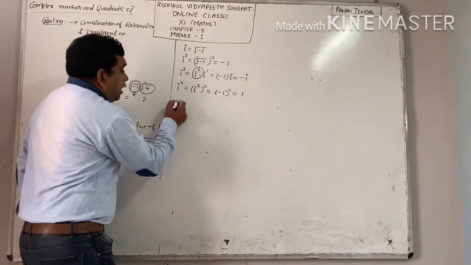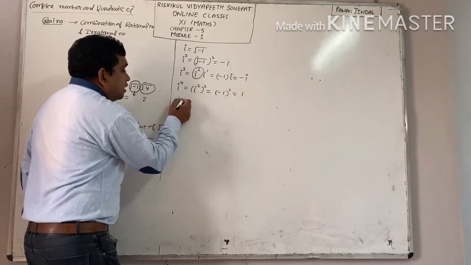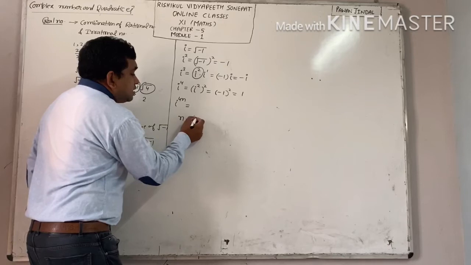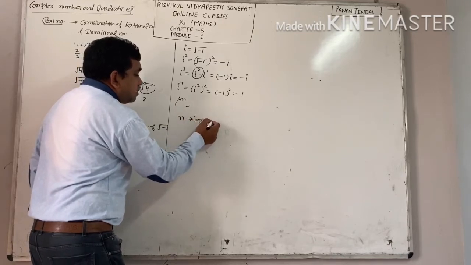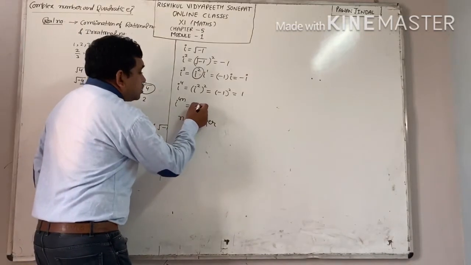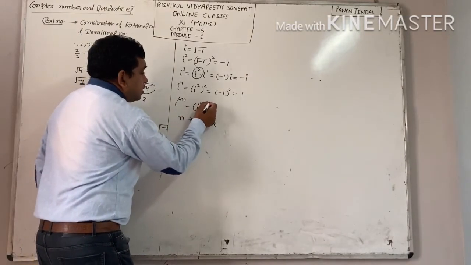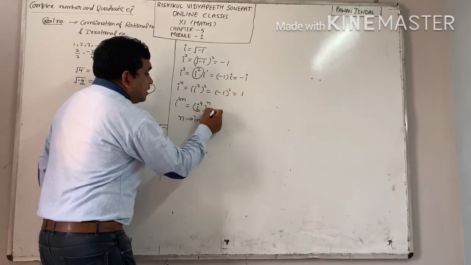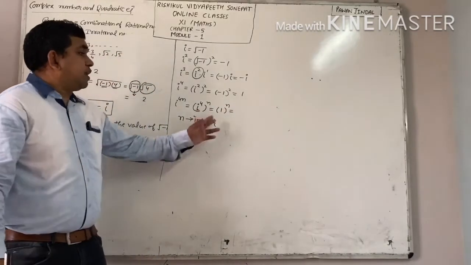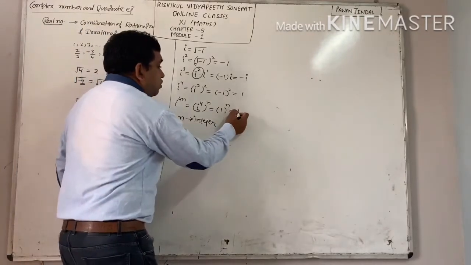Next is your iota raised to power 4n, where n is your integer. Iota raised to power 4n, we can write it as iota raised to power 4 whole power n. Iota raised to power 4 you know very well, it is equal to 1. 1 raised to power n, and 1 raised to power any number, that is also 1.